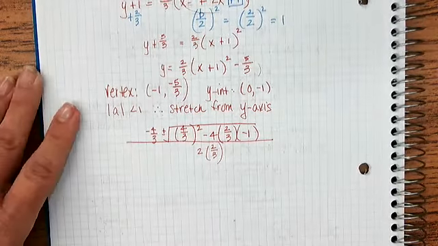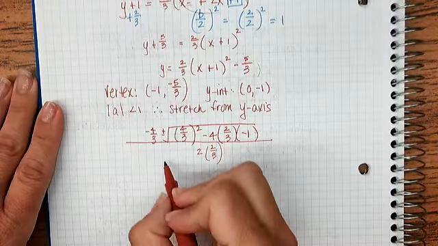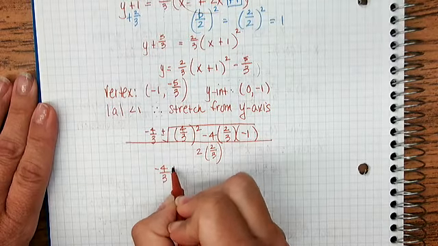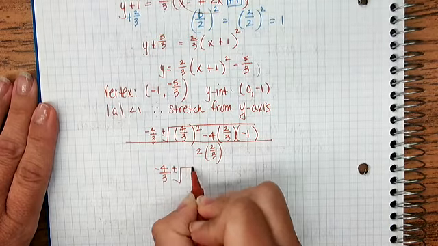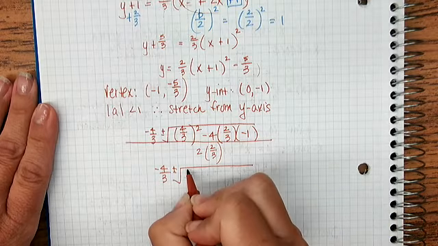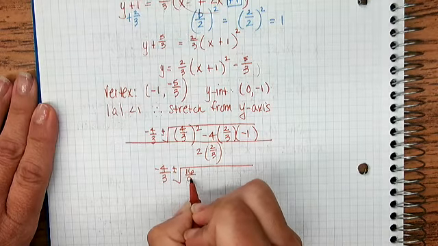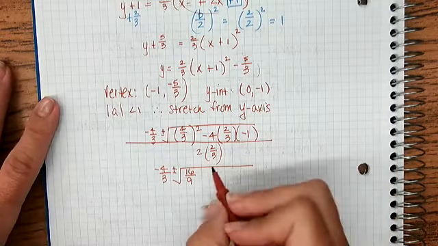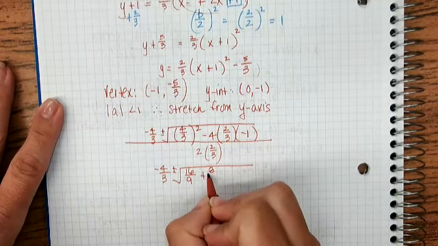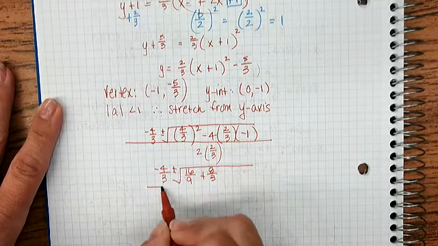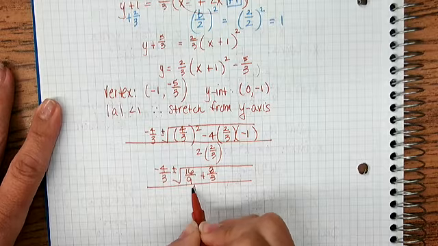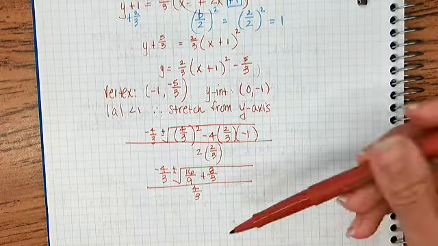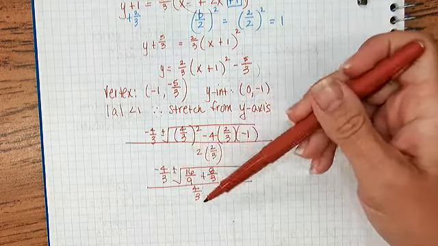Let's hope I don't mess this up. So this is going to be -4/3 plus or minus the square root of 16/9 plus 8/3 all over 4/3. No crossing off of these 4/3.